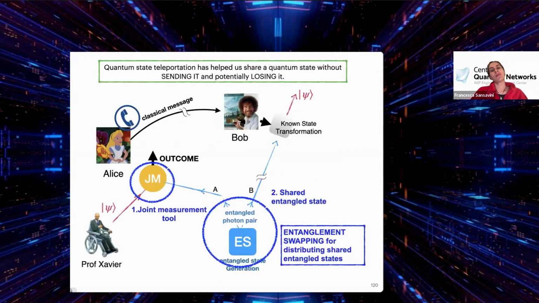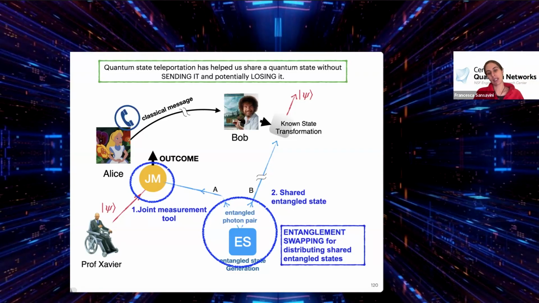Okay, so quantum state teleportation, just to wrap up what we have seen in this later part, has helped us share this quantum state without sending it physically through an optical fiber with the risk of losing it. And we have seen that we have used this joint measurement tool, this Bell state measurement tool.